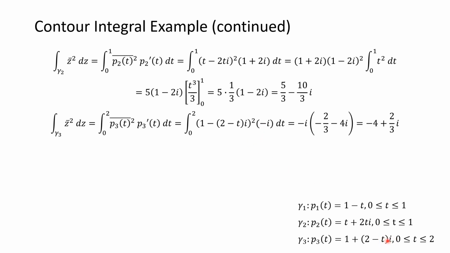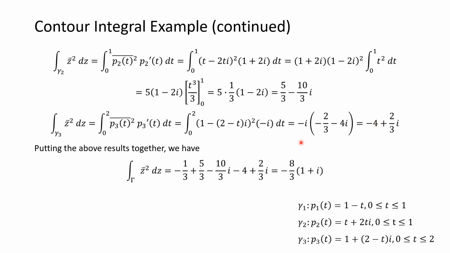So that goes here. I left out the details. I'll leave it to you to do the computation. It's a matter of squaring this, multiplying by minus i, and then just evaluating it at 2 and subtracting the value at 0, and you get this here. And you can simplify that to 2/3 i plus, well, you have a minus times a minus, then the i times the i gives you a minus 4.